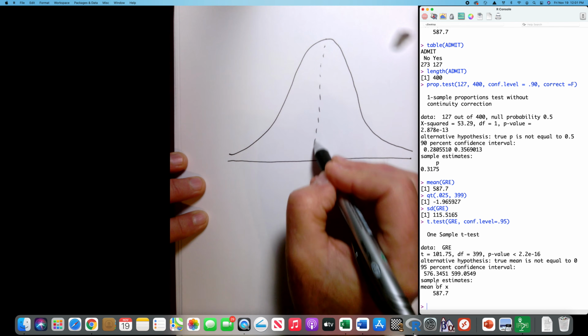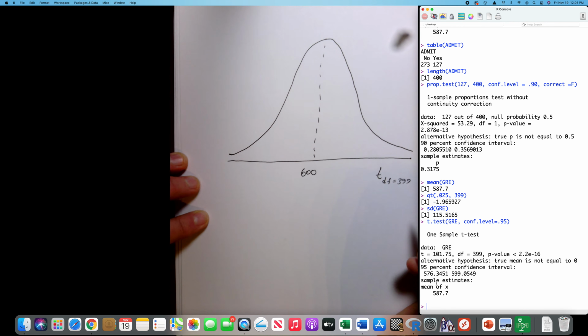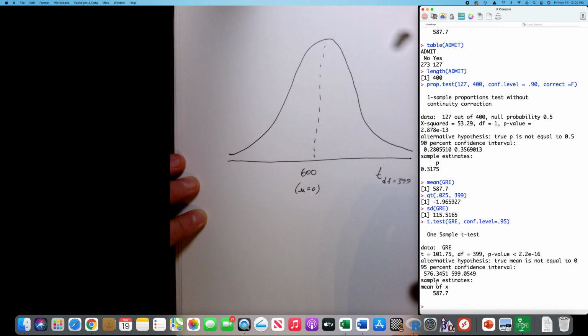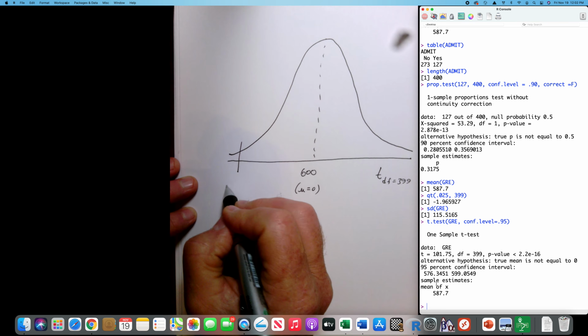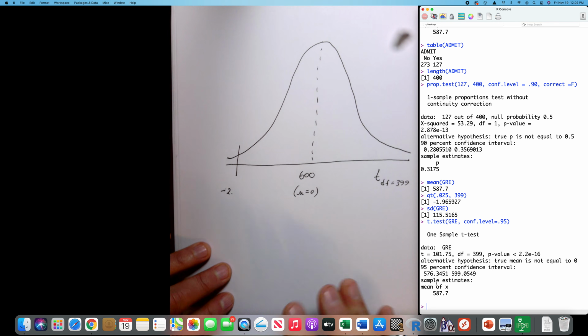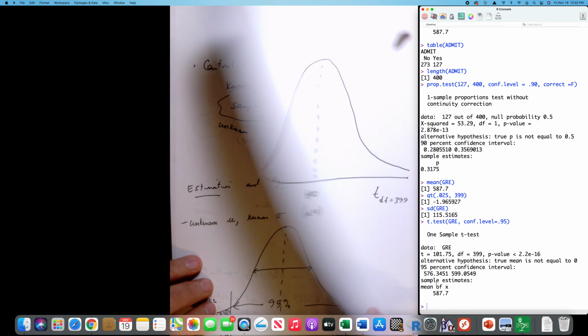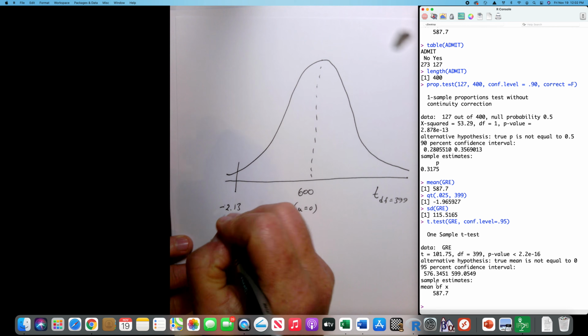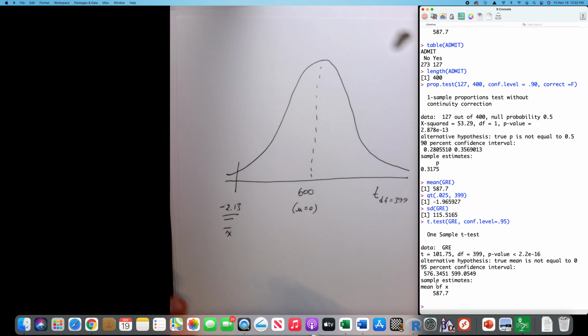They've made a claim that the center is 600, which in a standardized distribution is a mean of 0. We have a sample statistic of 2.13, I've got a calculator. Yeah, 2.13, our sample mean is 2.13 standard errors below this claim.